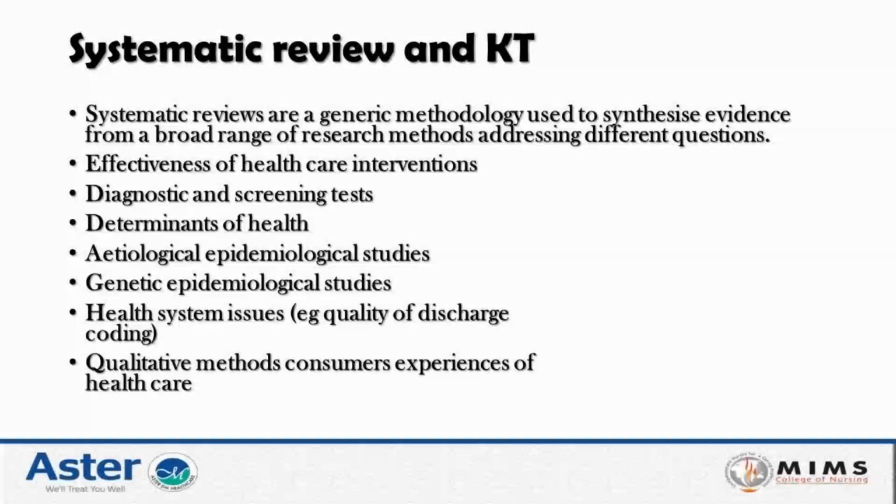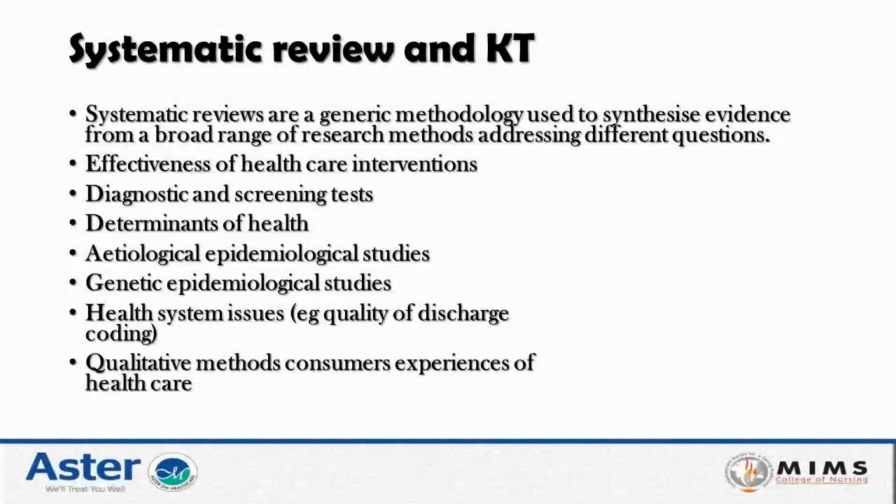So systematic reviews are a generic methodology used to synthesize evidence from a broad range of research methods addressing different questions: effectiveness of healthcare interventions, diagnostic screening tests, determinants of health, etiological and epidemiological studies, genetic epidemiological studies, health system issues, qualitative methods about consumers' experience of healthcare.